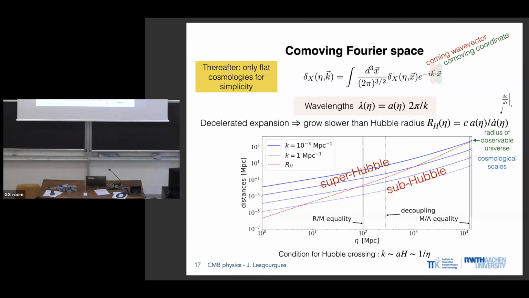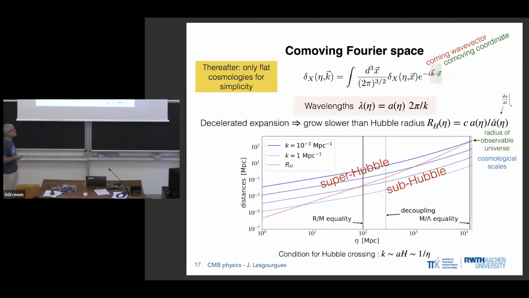Since we are doing linear perturbation theory, we know that it's very advantageous for us to go to Fourier space because all the Fourier modes will be decoupled. They can be studied independently of each other. But we're in cosmology, and so we do our Fourier expansion, not my Fourier convention here, that's an arbitrary choice, with respect to the comoving coordinates x, which makes k a comoving wave vector.